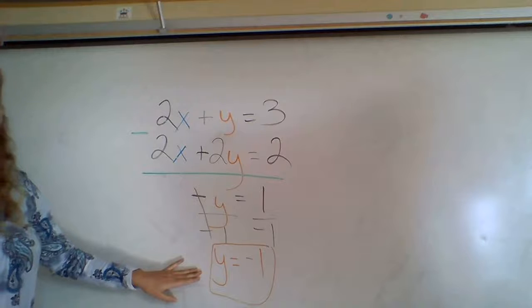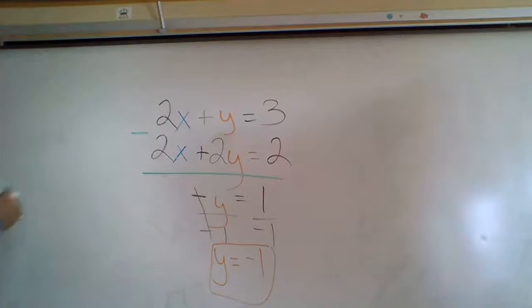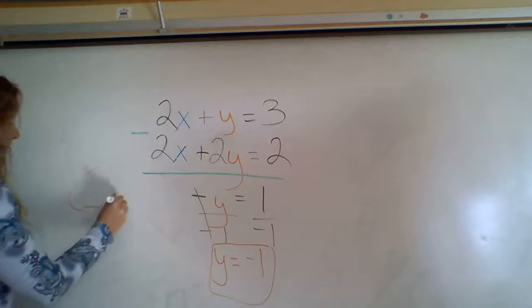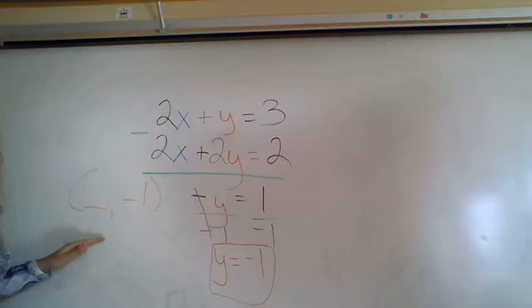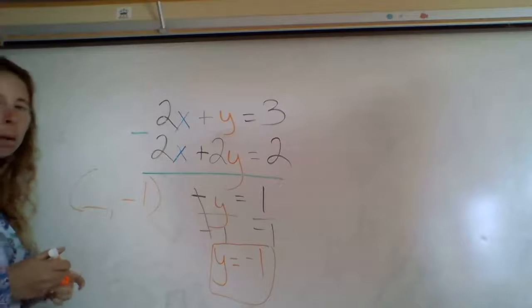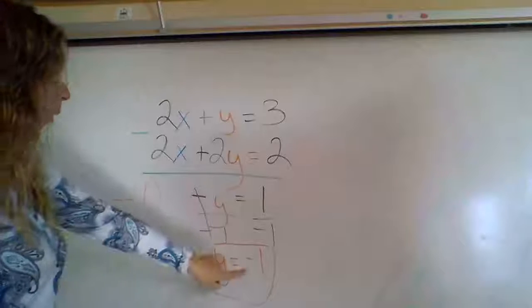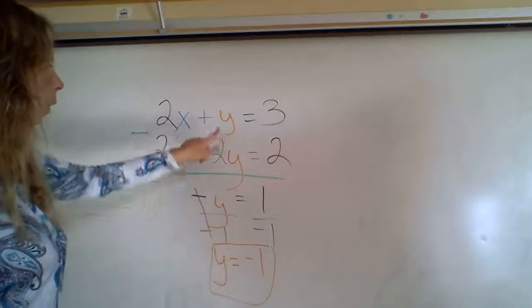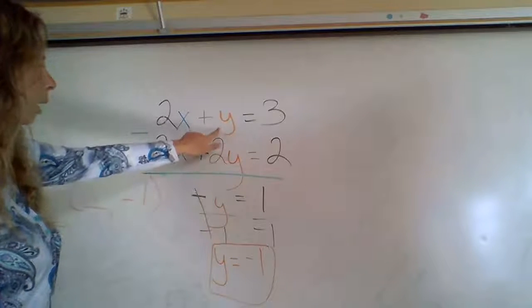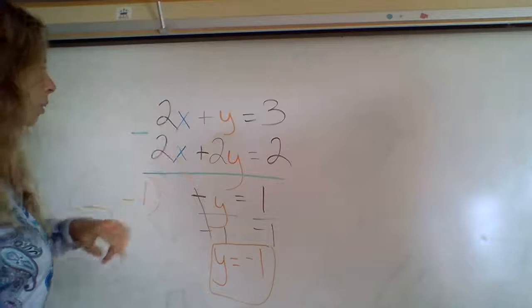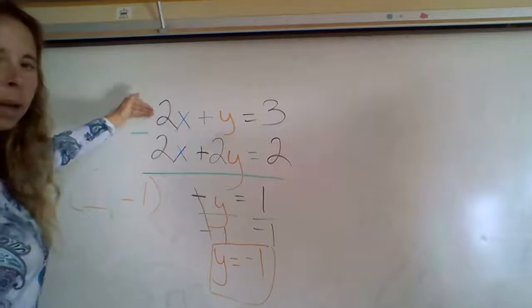So we know y, but we need to figure out x. We only have half of our point right now. You can take negative 1 and substitute it in for y. You can do it in either equation. It doesn't matter which one you do. I'm going to use the top one.